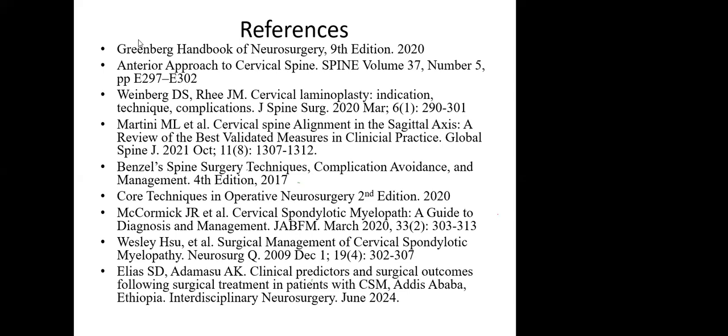Okay, wonderful. Let me just see if there are any other questions. Somebody asked, with respect to multiple sclerosis, is there a role for CSF analysis to differentiate multiple sclerosis from CSM?